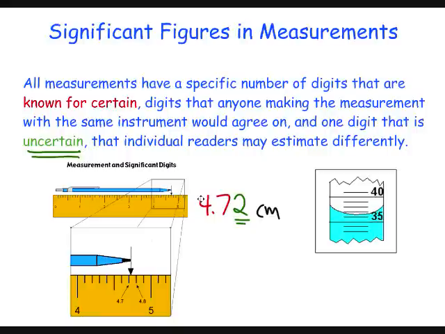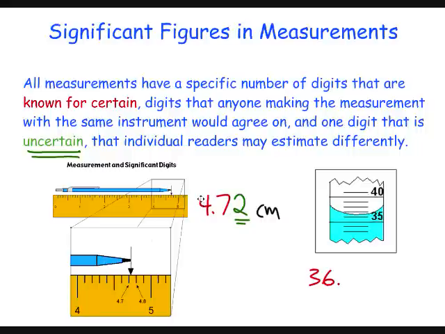If we look at the graduated cylinder on the right, each one of the lines there represents 1 milliliter. So if I were looking at this, I would say that this is probably going to be 30, my estimate would be 36 points. And now this is where I'd be a little unsure.